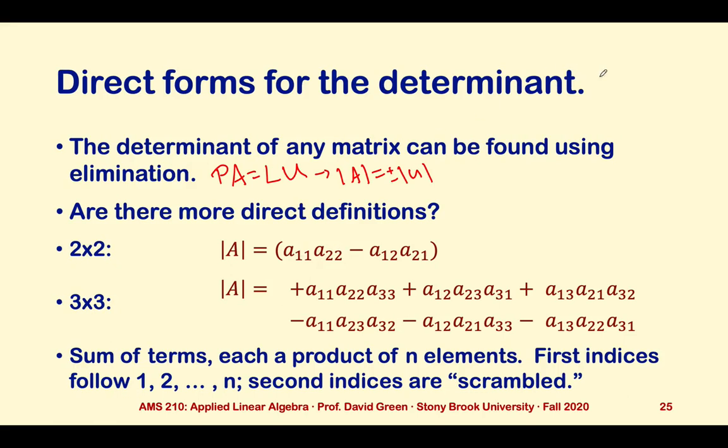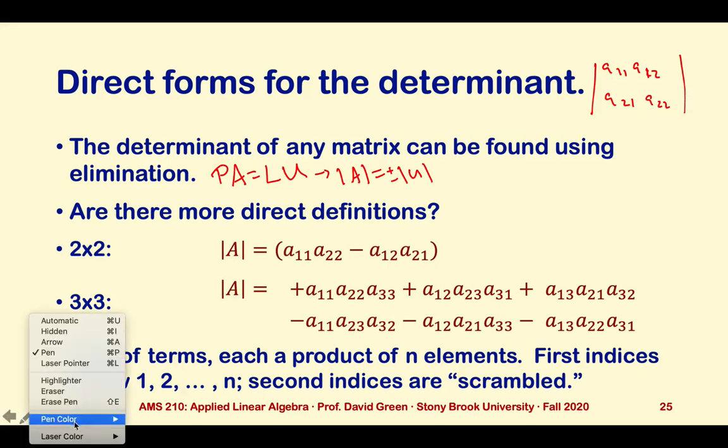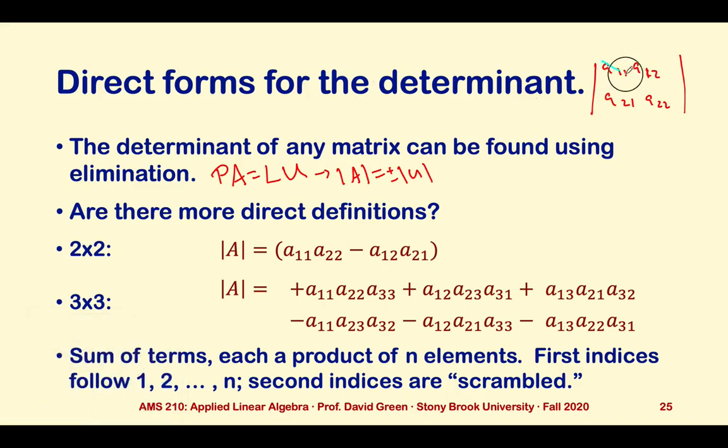In the case of the 2x2 matrix, A11, A12, A21, A22, the determinant is given by a product of the diagonal entries, A11 A22, minus a product of the off diagonal.